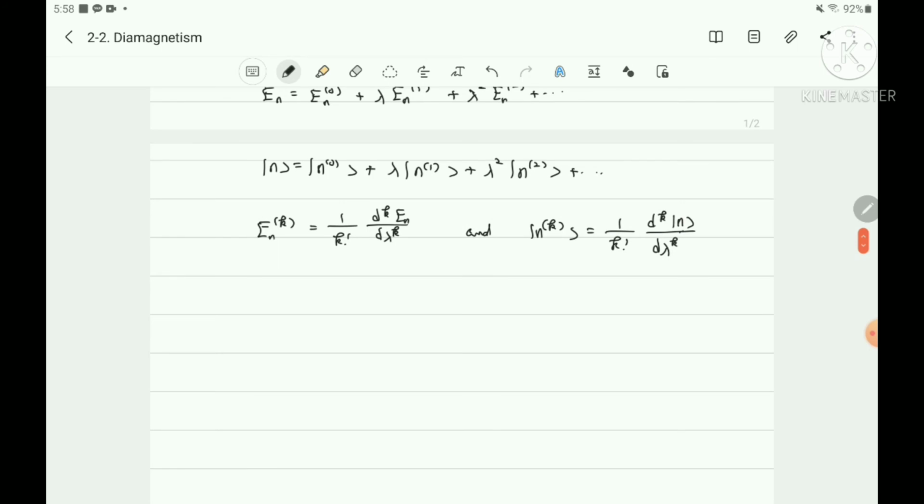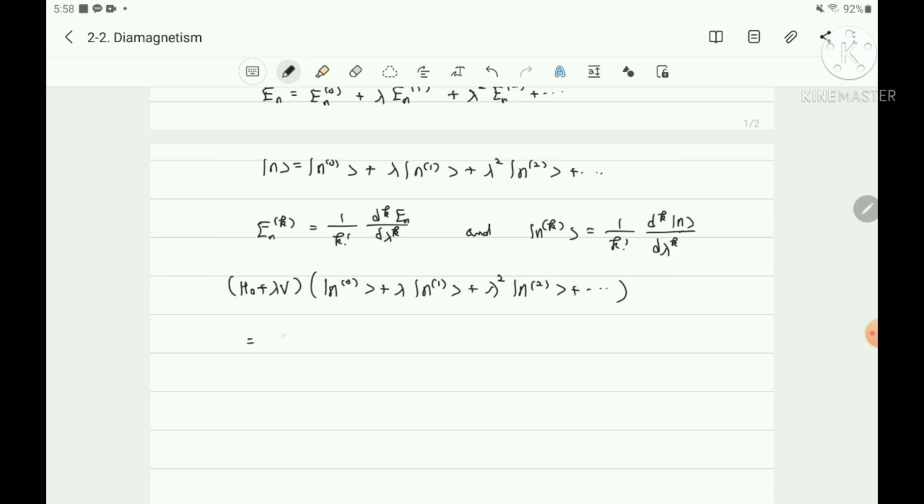Therefore, for the Schrödinger equation problem, the Hamiltonian is H0 plus lambda V, and the eigenstate can be expanded as n0 plus lambda n1 plus lambda squared n2 and so on.